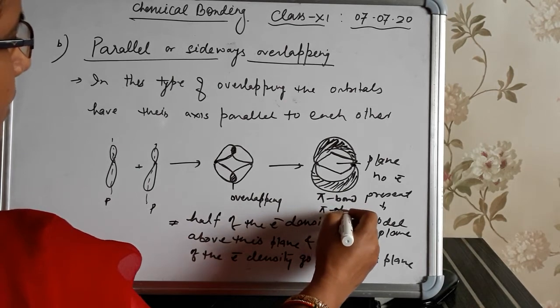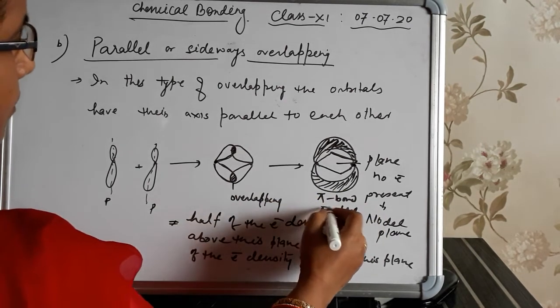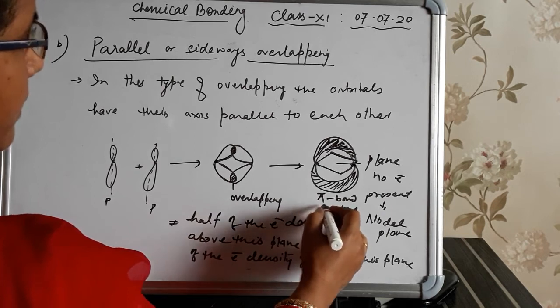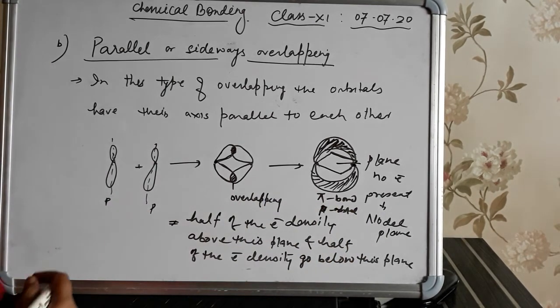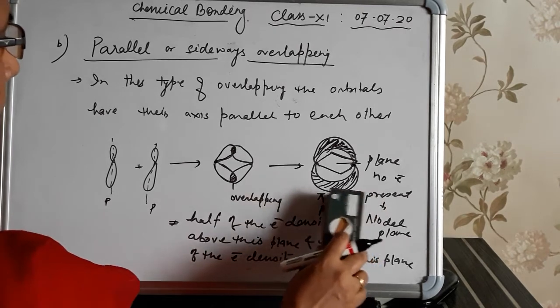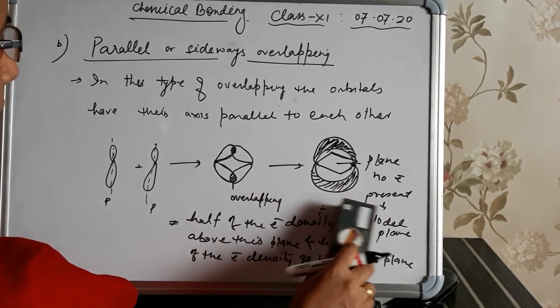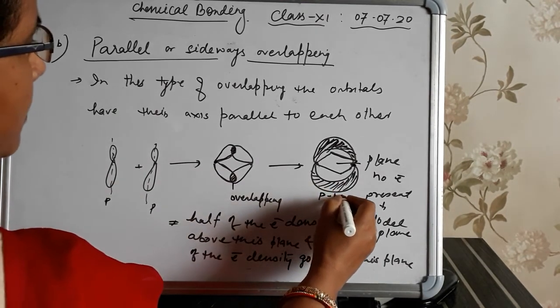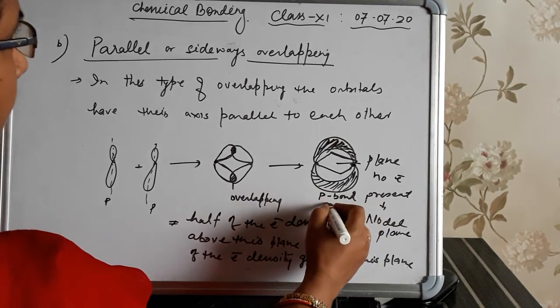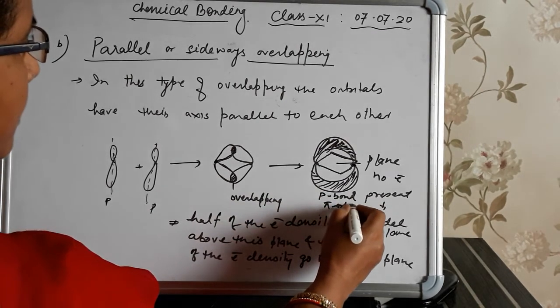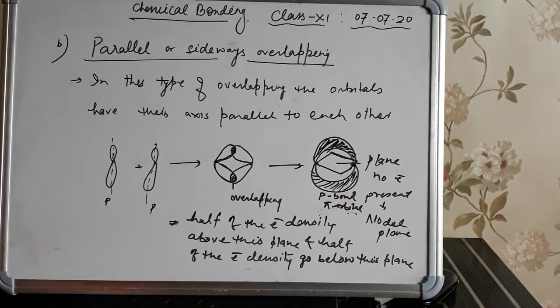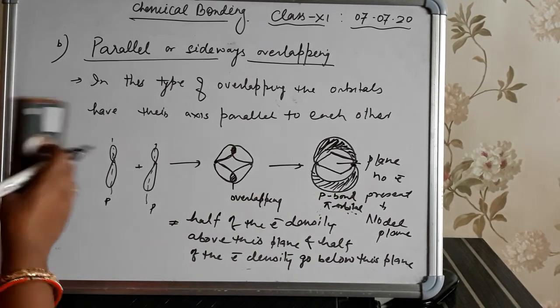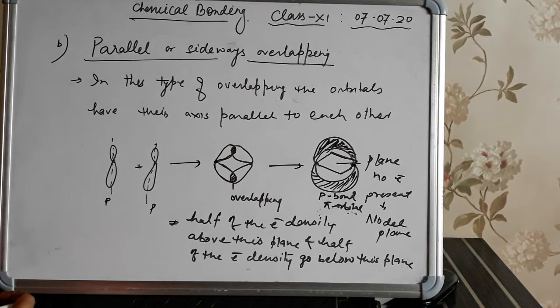Pi orbital, pi bond, pi orbital. This type of overlapping takes place whenever atomic orbitals undergo penetration or overlapping.